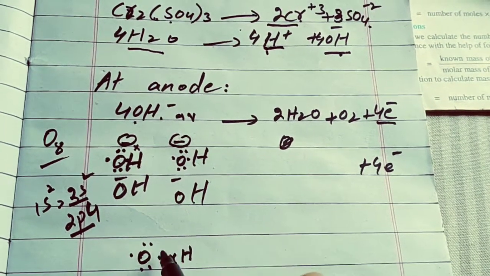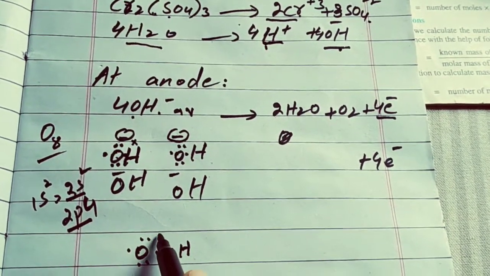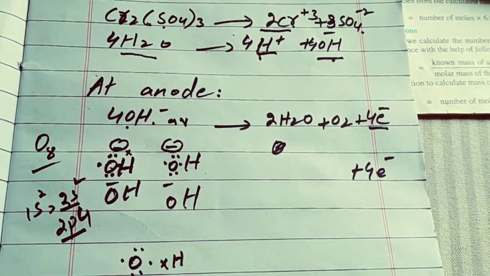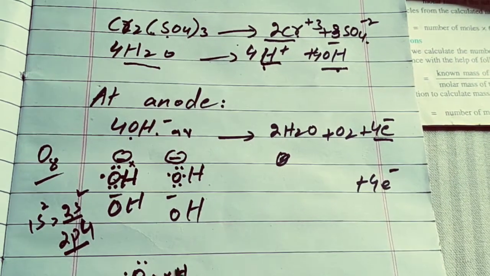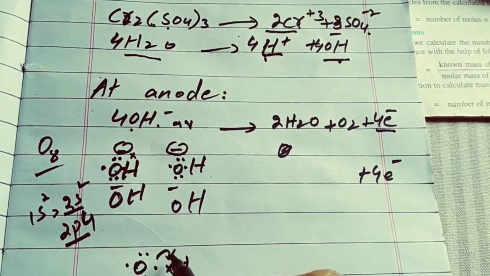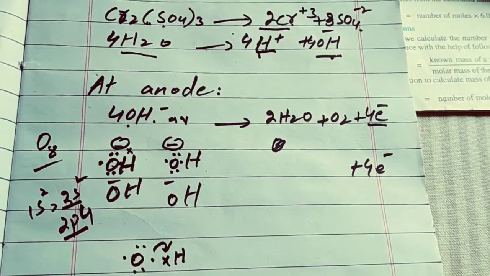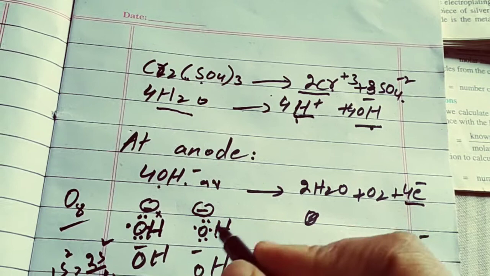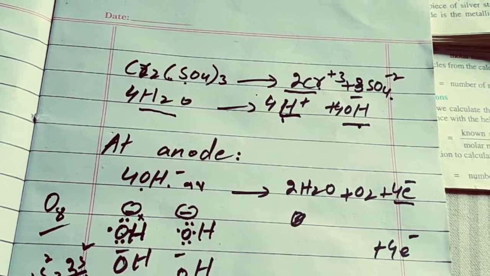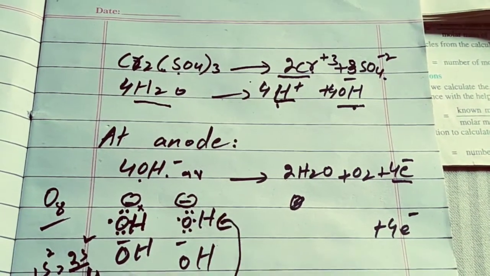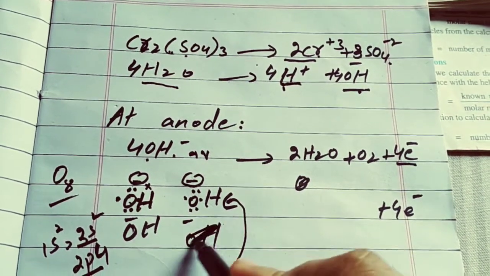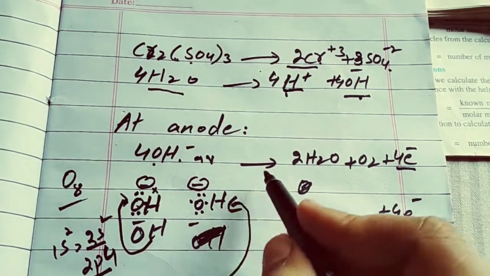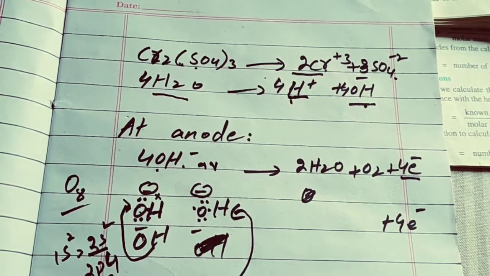And what happens when the reduction takes place and the bond breaks between hydrogen and oxygen? Hydrogen will take its electron and combine with this hydrogen atom, and this hydrogen will combine with that hydrogen atom, and again they will convert into a water molecule.